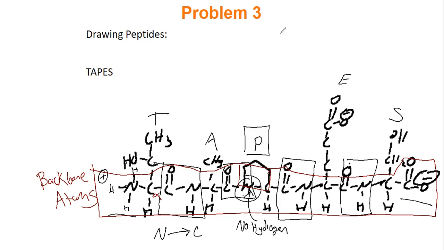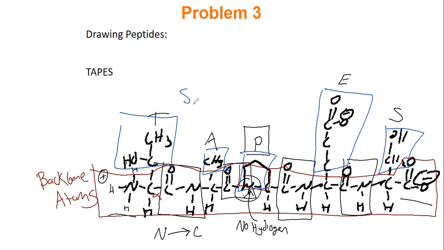And then all the R groups that I circle here in blue, these are called side chain atoms. So when we talk about structure, we're going to talk about backbones and side chains.